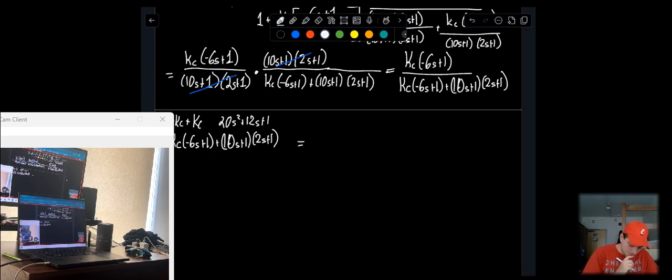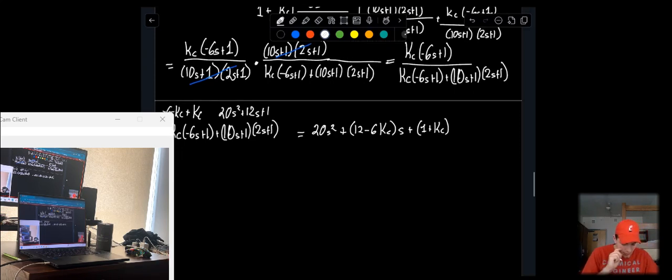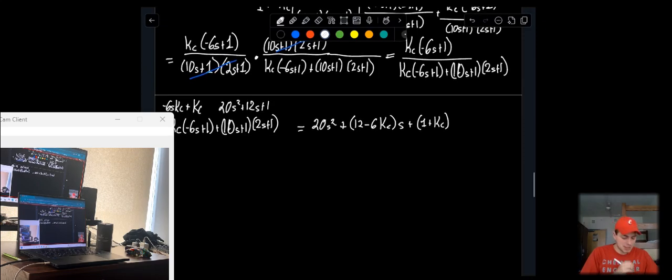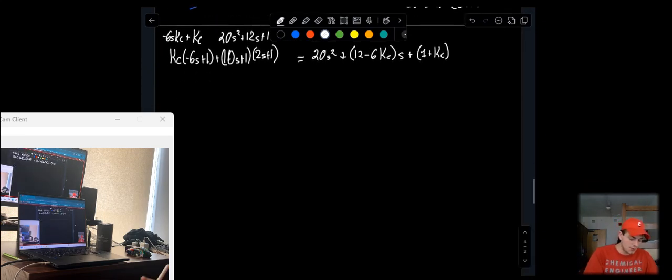So what we should be getting here is 20s squared plus 12 minus 6kc times s plus, what? 1 plus kc as our last term there. And so thus, we've gone ahead and constructed all that we need for Ruth-Hurwitz analysis here.